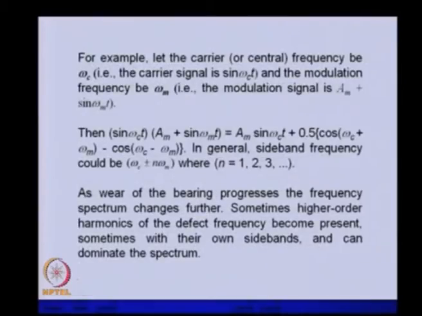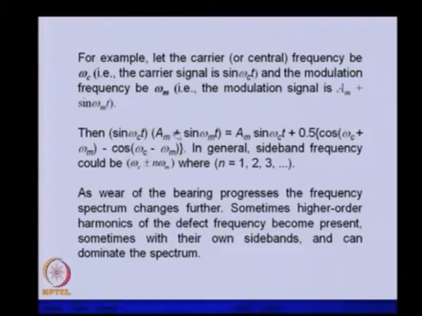For example, let the carrier or the central frequency be omega c, the carrier signal is sin omega c t, and the modulation frequency would be, let us say, omega m, and the modulation signal is some constant plus sin omega m t.